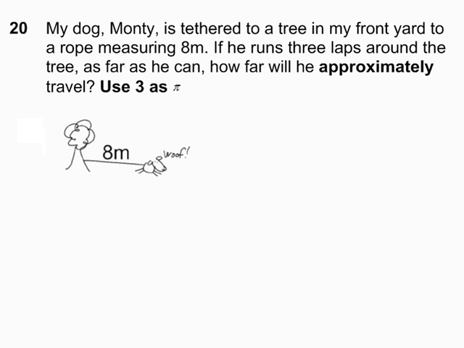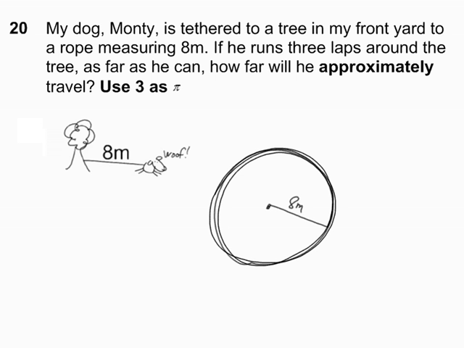And the last one is my dog Monty is tethered to a tree in my front yard to a rope measuring 8 meters. So let's draw an aerial view of the tree. This is the tree, and there's the rope. That's 8 meters. Monty wants to do 3 laps of that. How far does he travel? Well, really, he's traveling 3 circumferences of an 8-meter radius circle.